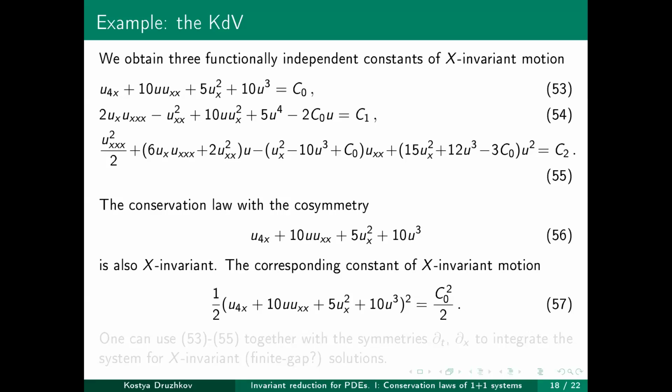But the corresponding constant of x invariant motion is given by formula 57. And it's easy to see that the resulting constant of x invariant motion in this case is not functionally independent, right? I mean, with respect to constants of x invariant motion 53, 54, and 55, it's just C0 squared over 2. So it is related to the constant of x invariant motion given by formula 53. They are linearly independent, but they are functionally dependent. And it's a problem in this case.